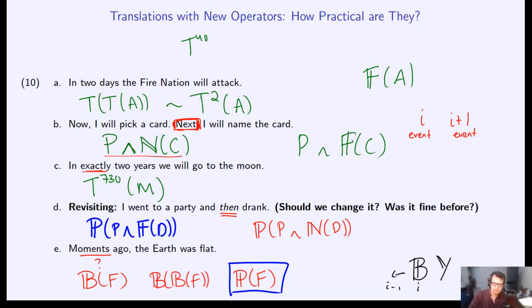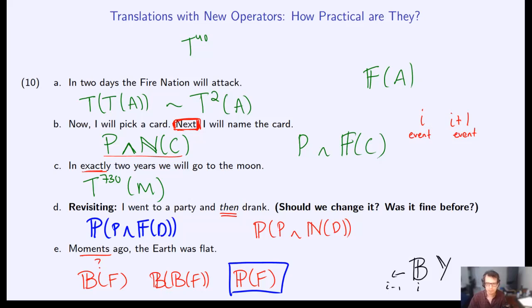And that imperfection sometimes comes from language being vague, so it could be rephrased or paraphrased in a way that is easier to translate. In some cases, these can be fixed. So "now I will pick a card, next I will name the card" could be clarified in a way that is easier to translate by specifying exactly when that will happen and exactly what events happen in between.